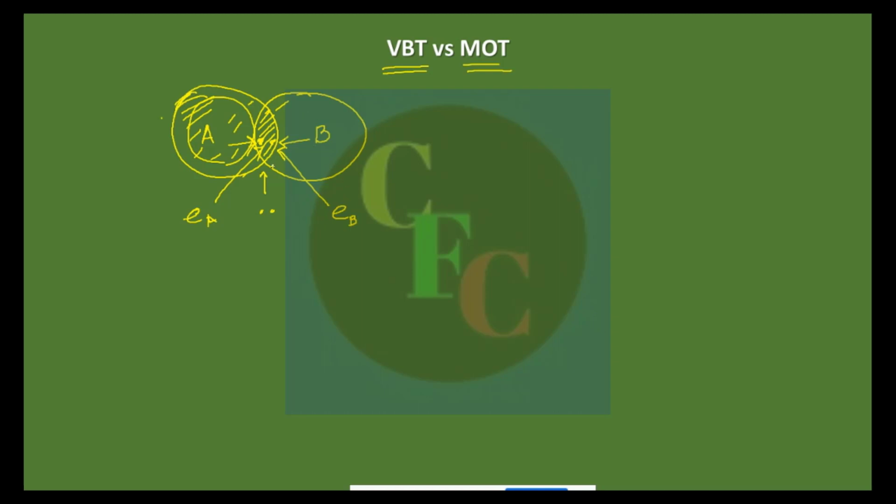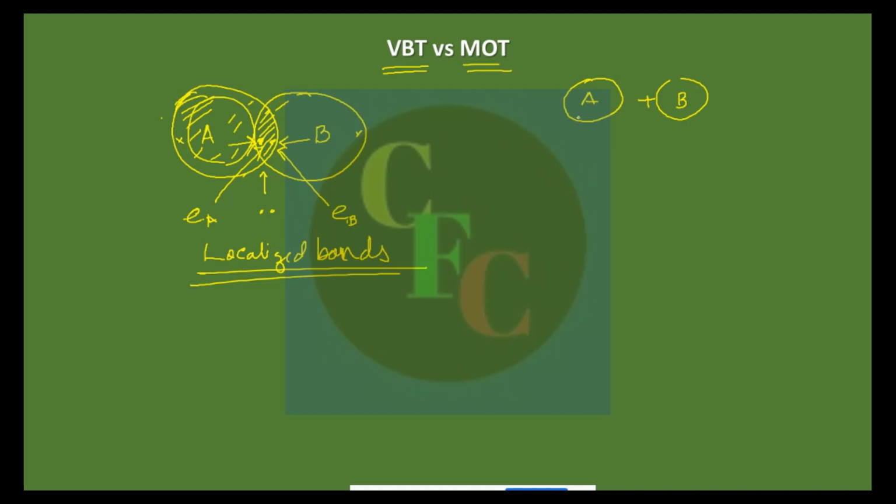Similarly with B. So this electron cannot be found here, and this one has very little probability of being found here. This is the valence bond theory, where you have localized bonds or orbitals.